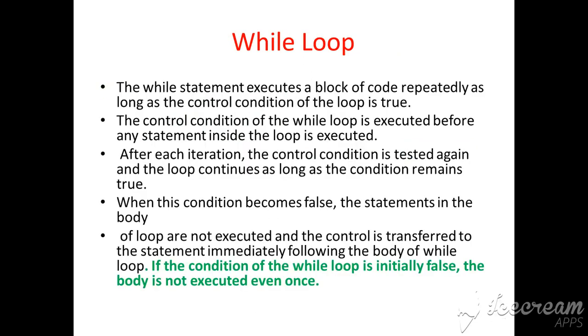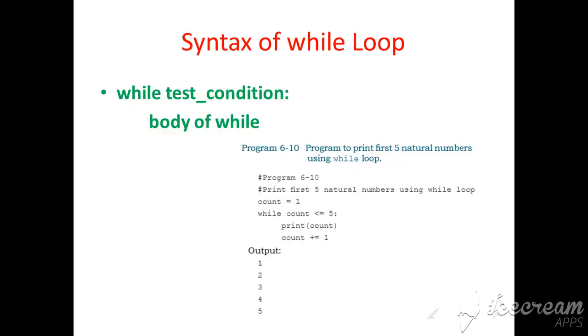When the condition becomes false, the statements in the body of the loop are not executed and control is transferred to the statement immediately following the body of the while loop. In this program there is no statement after the while loop, so the program just terminates.